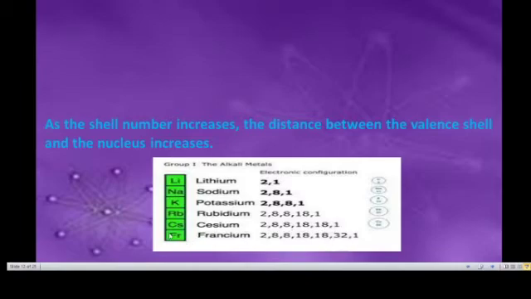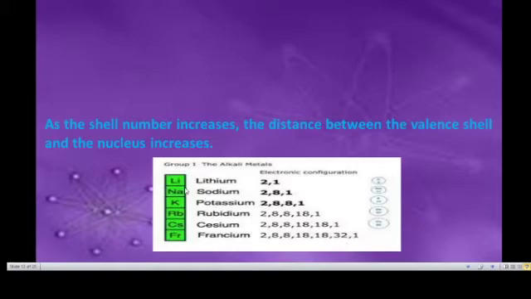Then francium, a first group element in the 7th period, electronic configuration 2, 8, 8, 18, 18, 32 and 1.